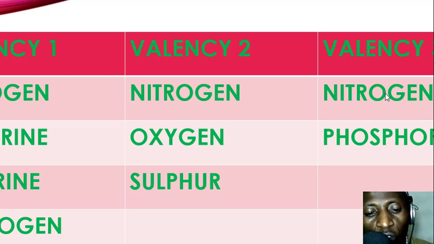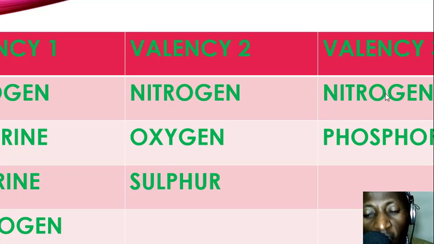Nitrogen also reacts with oxygen to form a compound called nitrogen 2 oxide. We also find that nitrogen in its elemental form has the arrangement 2, 5, and that gives it a valency of 3 in its elemental form.